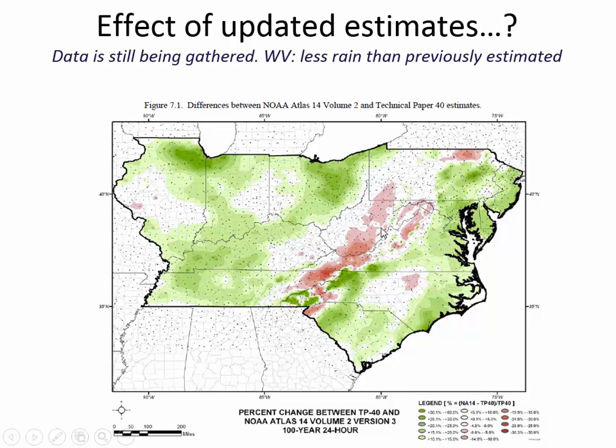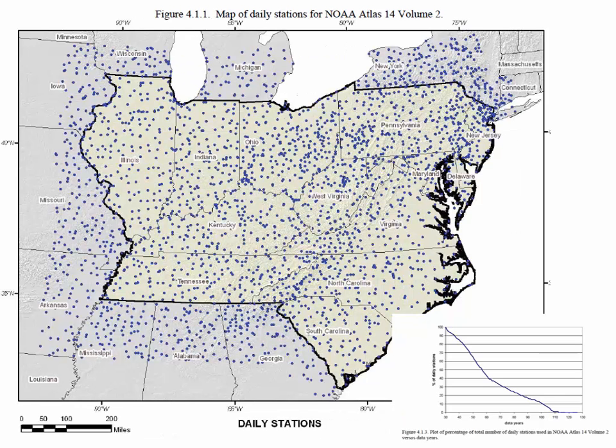Where it's red here, the newly updated data is a little bit lower than the previous estimates. So maybe we were over-designing if we used TP40. But Northeast Ohio and Chicago, for example, had to increase their design storms because as they gathered more data, it turned out to be raining more than they had previously expected.